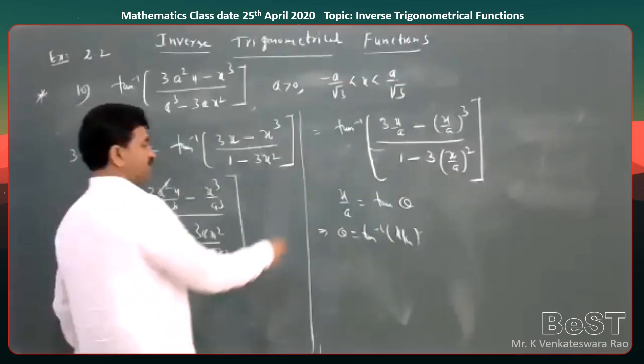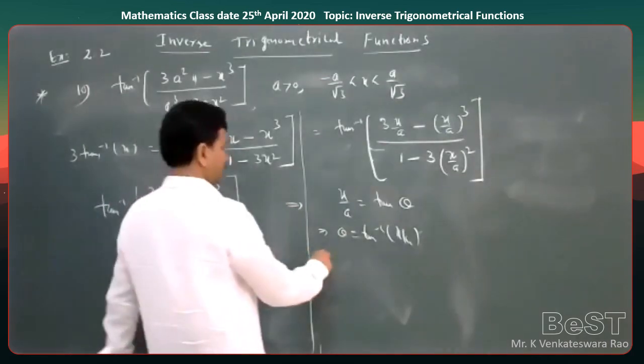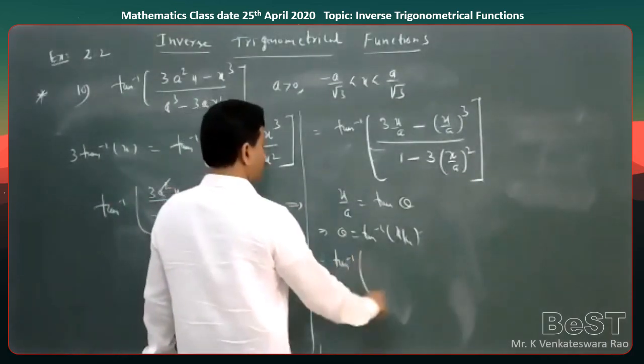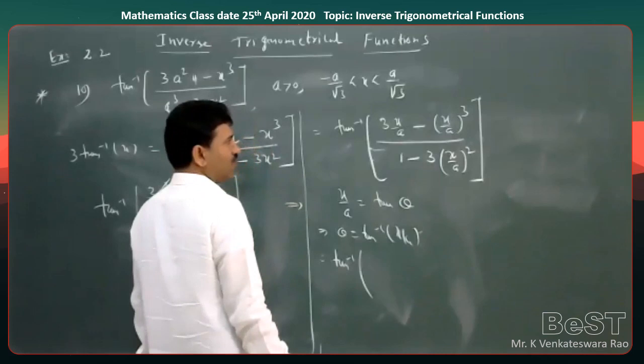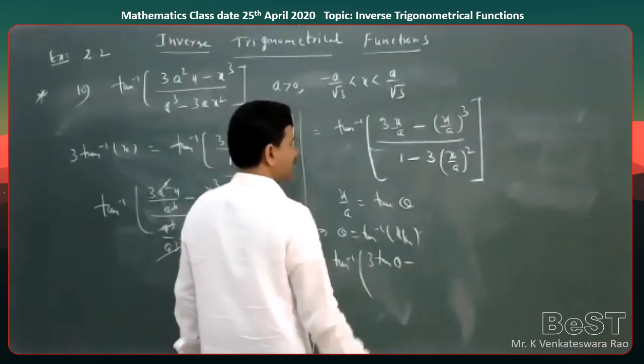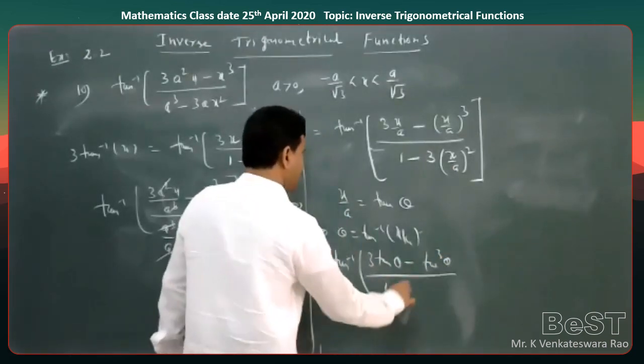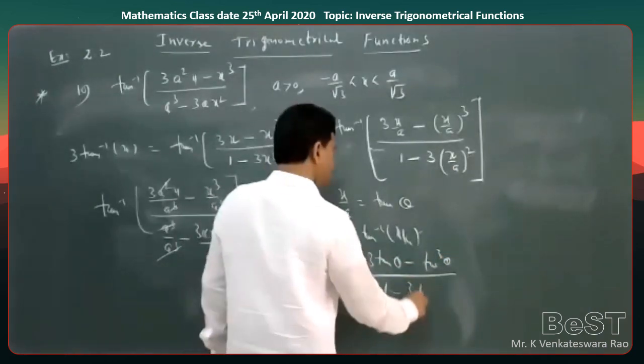This procedure is compulsory in PUC. So this is equal to tan inverse of (3 tan theta minus tan cube theta) by (1 minus 3 tan square theta).